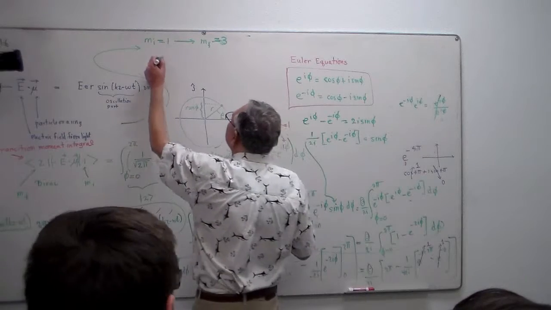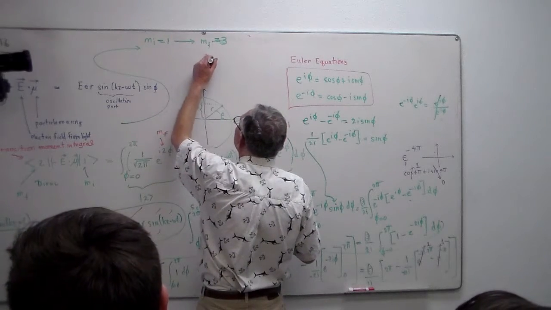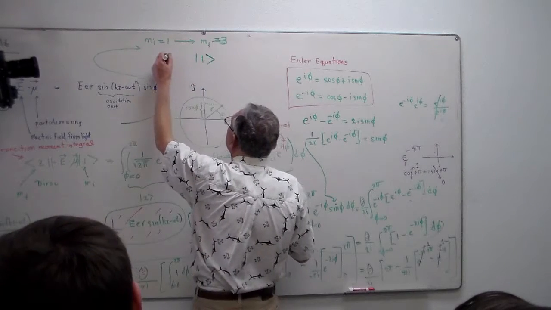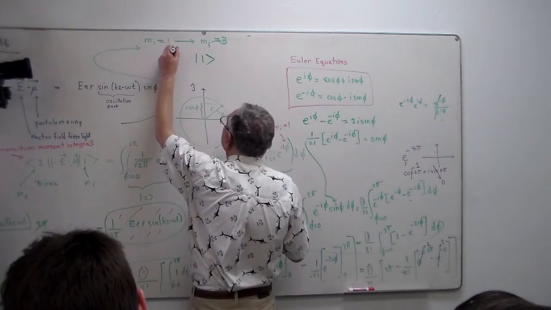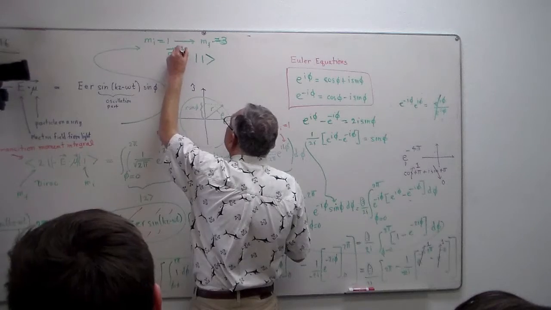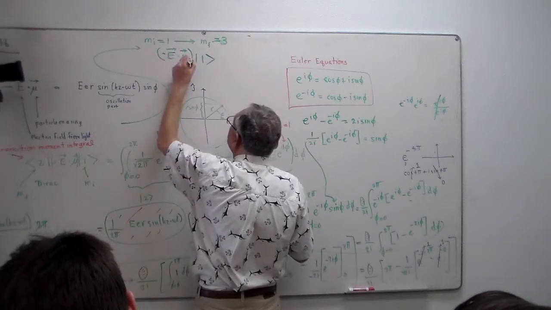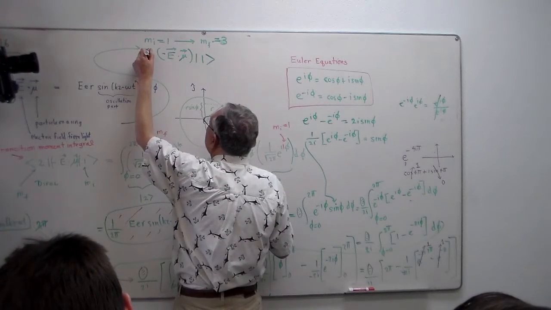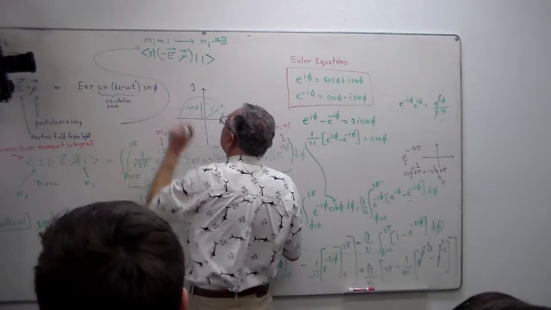It would be the same thing, except the first number would be 3. Okay, so you start at state 1, you have the operator minus E dot mu, electric field dotted into the dipole moment. Then our final state is quantum state 3.